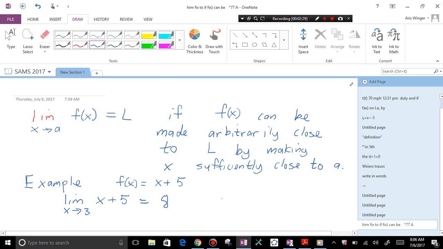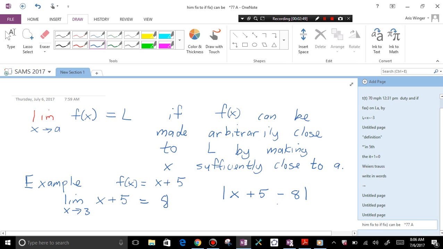And so what does close mean? It means that we're looking at x plus 5 minus 8. And what do we want to say about that? This is the absolute value, right?